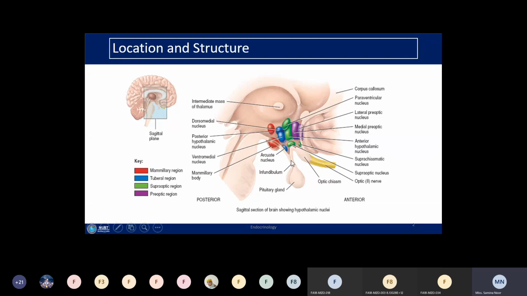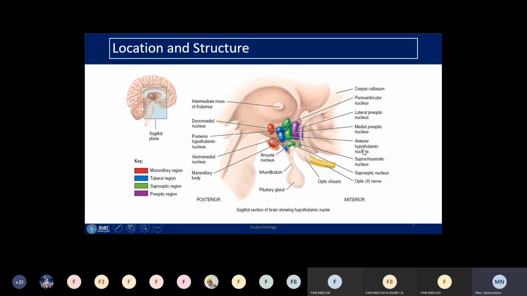What are the nuclei? The major region of the hypothalamus is occupied by clusters of neurons, the clusters of nuclei. Nuclei are actually aggregations of cell bodies.